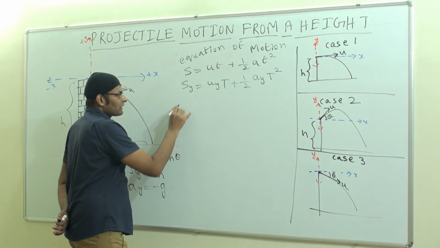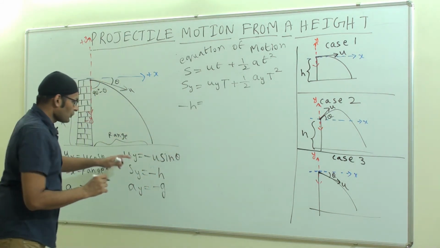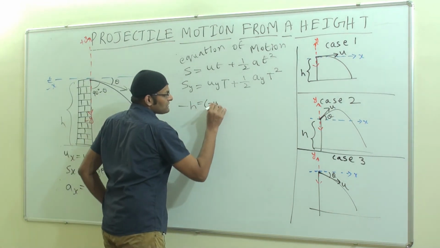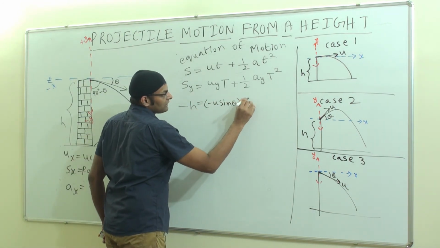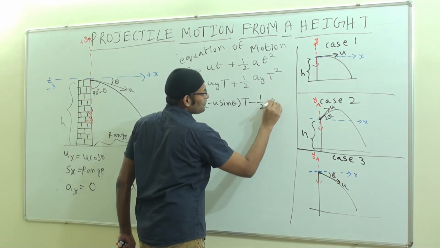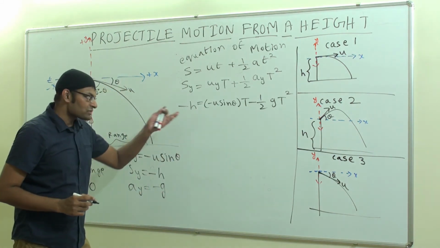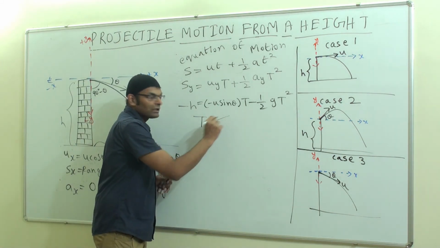So sy is minus h, which is equal to minus u sin theta t, and since ay is minus g, it is minus 1 by 2 g t square. Now this is a quadratic equation. By solving it, you will be able to calculate the time of flight.